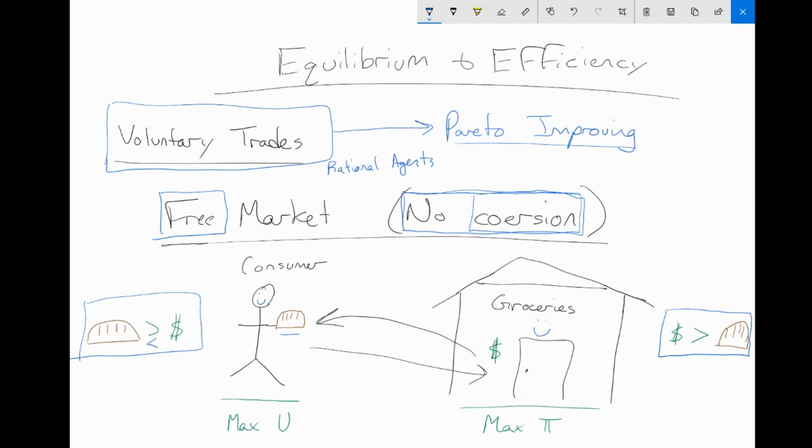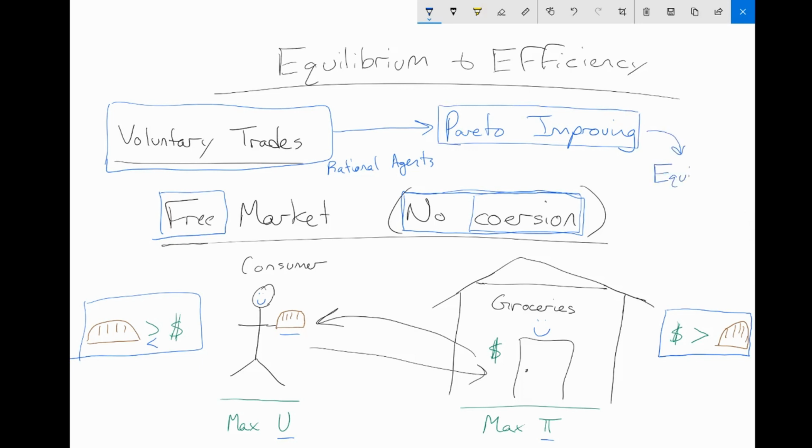And if those agents are rational, they're only making trades that improve utility and profits. And therefore, all of the trades will be Pareto improving.